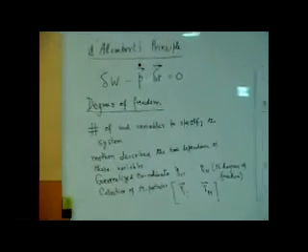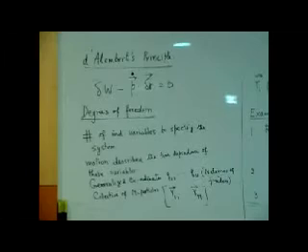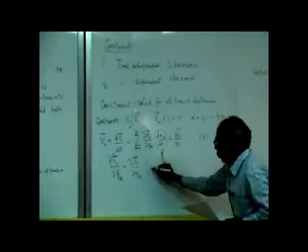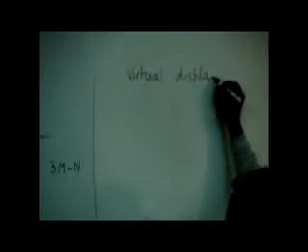Now we go to virtual displacement. This is one. If people want me to number some equation which I might forget, please say so, I will do that, so that it becomes clear what I am referring to.